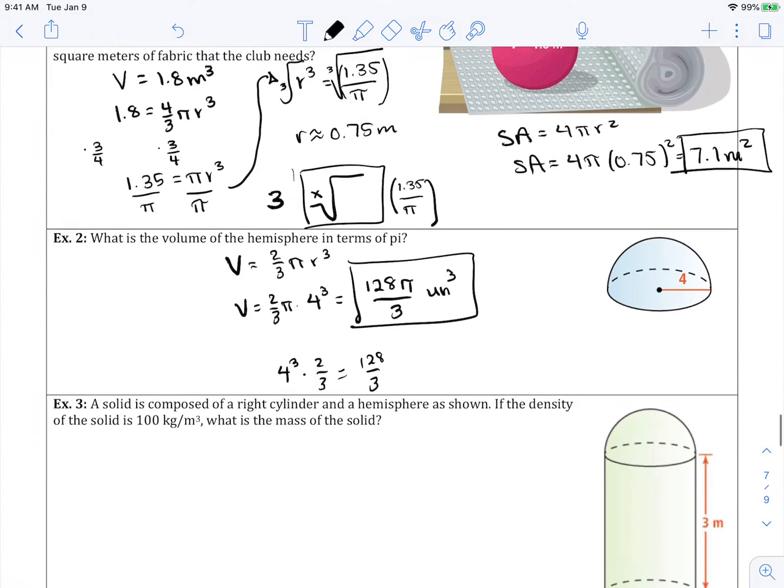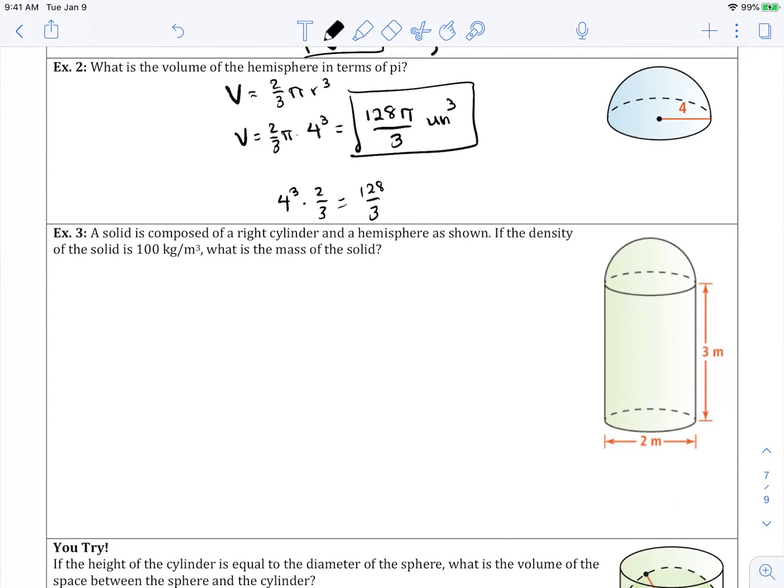All right. A solid is composed of a right cylinder and a hemisphere as shown. If the density of the solid is 100 kilograms per meter cubed, what is the mass of the solid? Well, first thing we have to do here is calculate the volume of this whole thing.